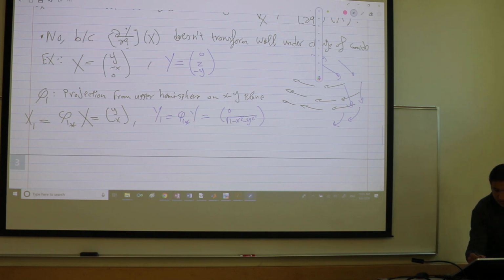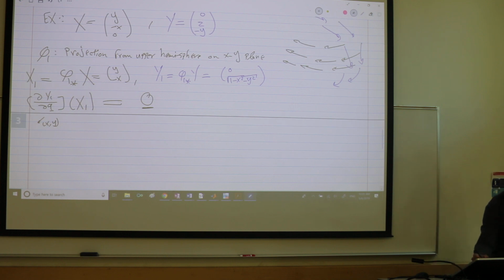Apply this computation in coordinates. So partial y1, partial your q's. My q's now are just x and y, right? And now multiplied by x1, the result will be the 0 vector. That's okay, maybe really indeed 0, and we need to do it in another coordinate chart that overlaps with this guy and see what we get.